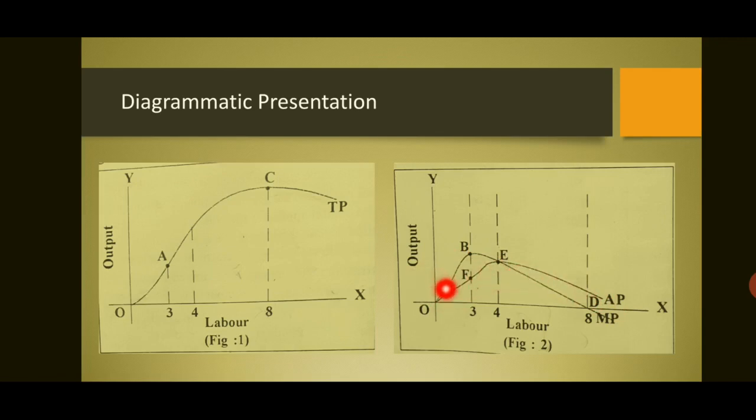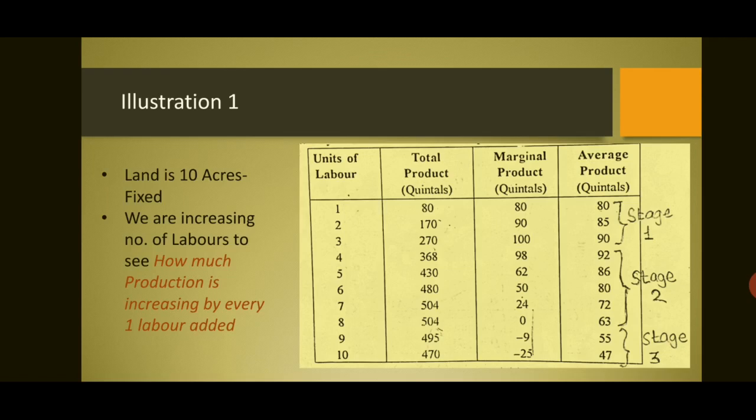Then marginal production. This is the curve of the marginal chart, showing that with every one labor added, how much production is increased. So it goes to the negative line.